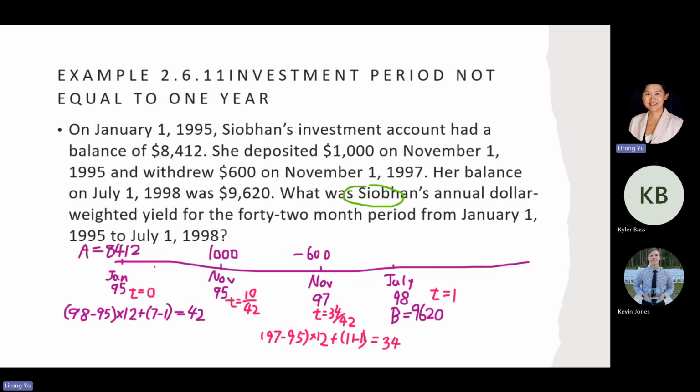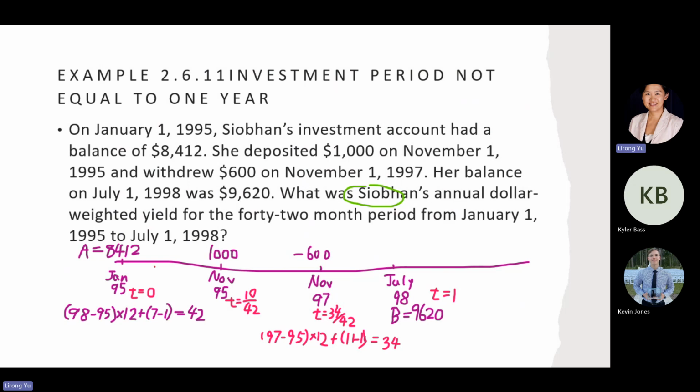The second one is the withdrawal of 600 on November 1st, 1997. What's that? November 1995 to November 1997 is 24 months, plus the 10 months between January and November.